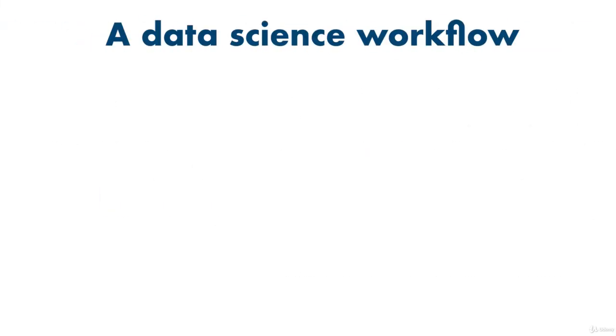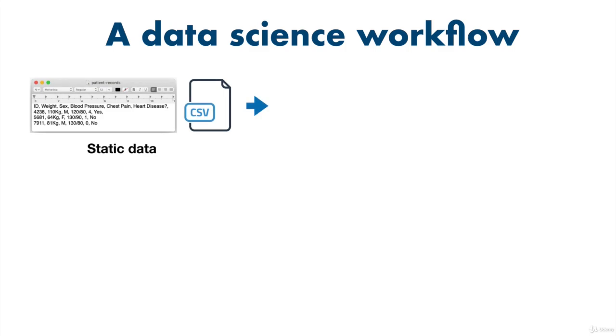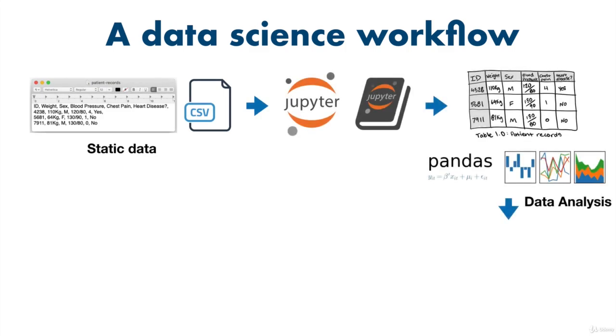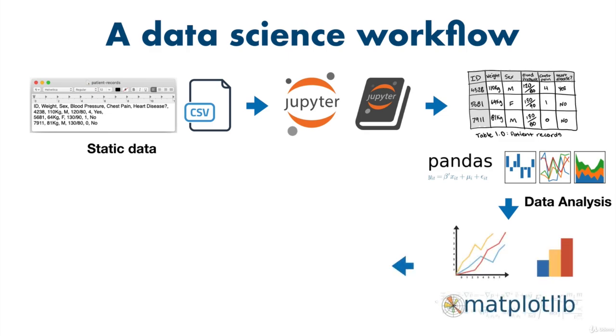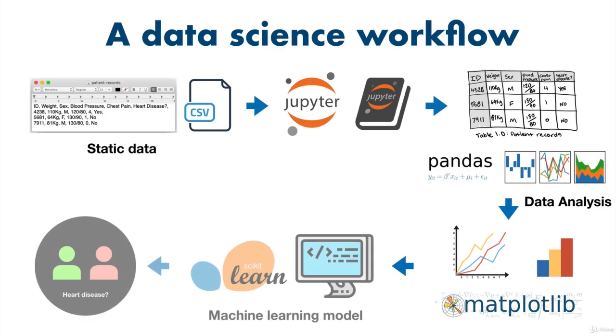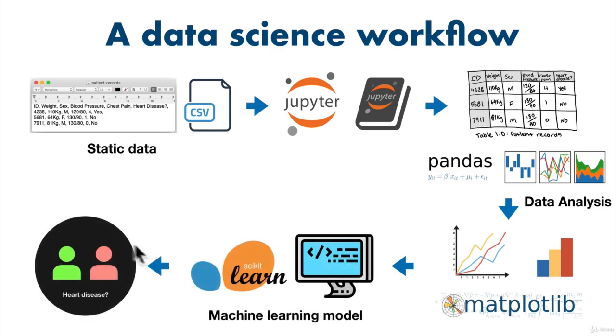A common data science workflow begins by opening a CSV file in a Jupyter notebook, a tool for building machine learning projects, then exploring the data and performing data analysis using Pandas, a Python library for data analysis, and making visualizations such as graphs and comparing different data points using matplotlib, then building machine learning models on the data using scikit-learn, such as a machine learning model to predict using these patterns here whether or not a patient has heart disease.